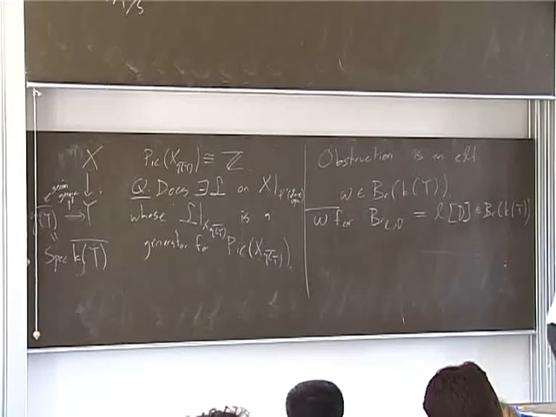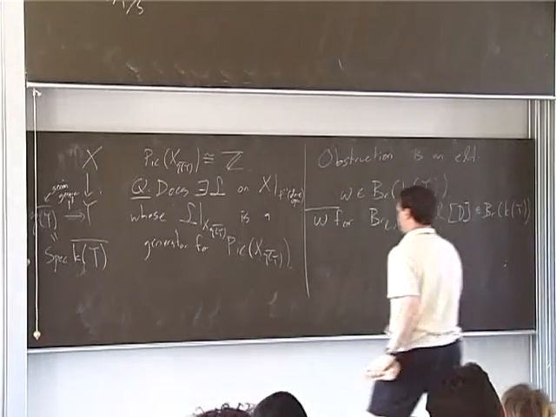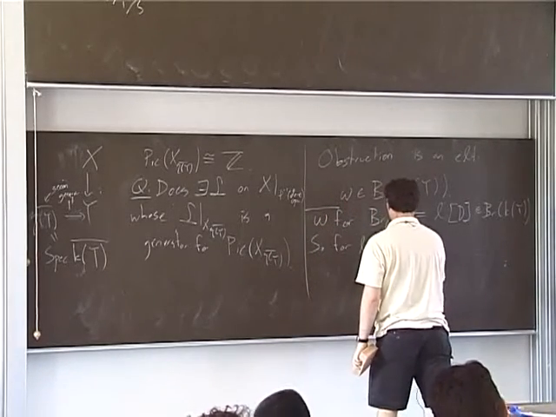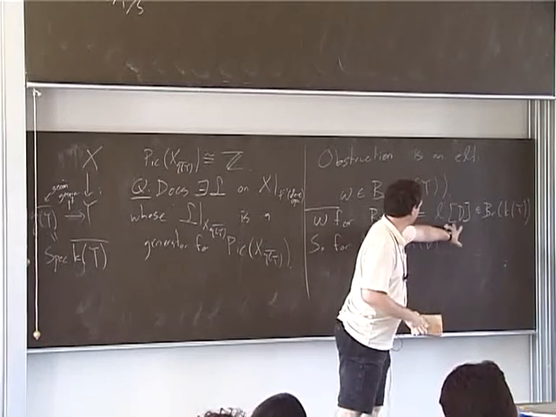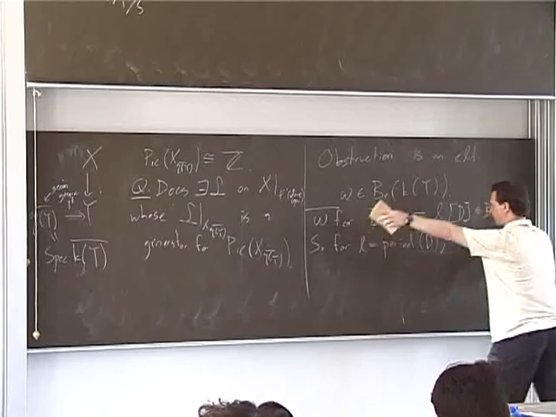So if we make L equal to the period of D, the smallest integer such that this is 0, the obstruction vanishes. So there does exist one of these things.